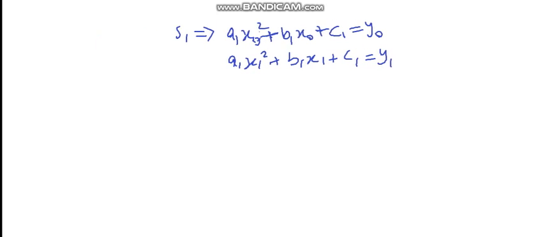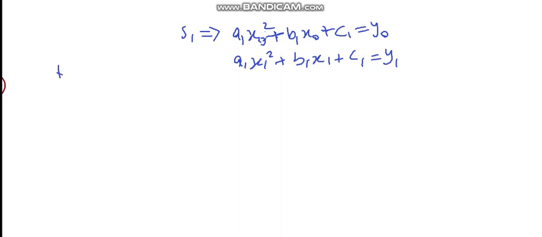Okay, so let's draw that here. Let's say we have the quadratic spline like this. So for the first spline S1, and this is S2.